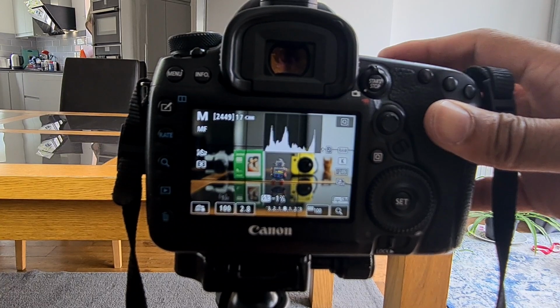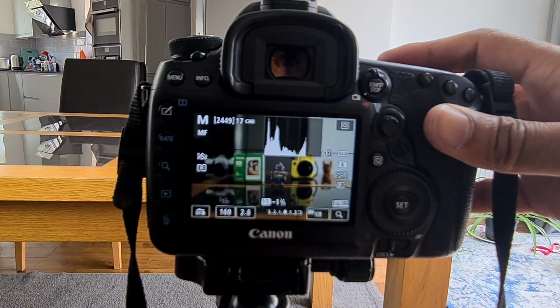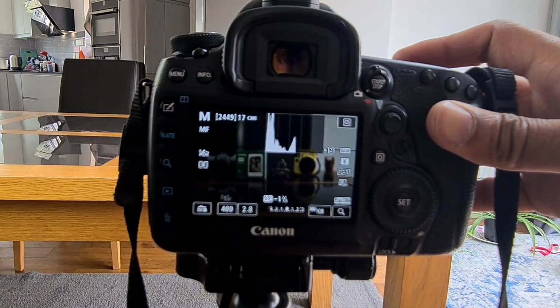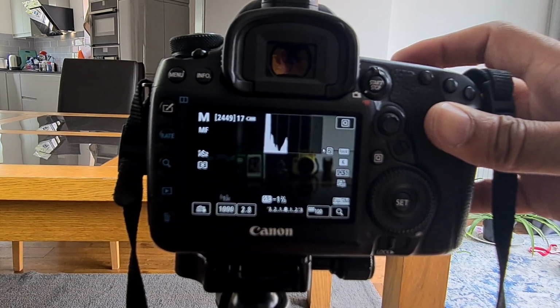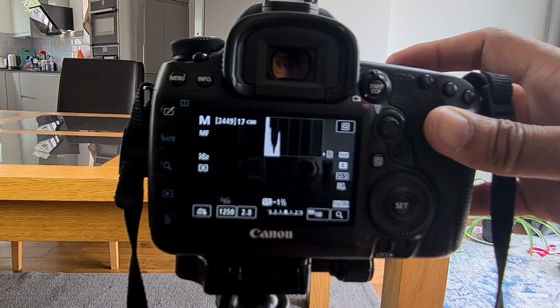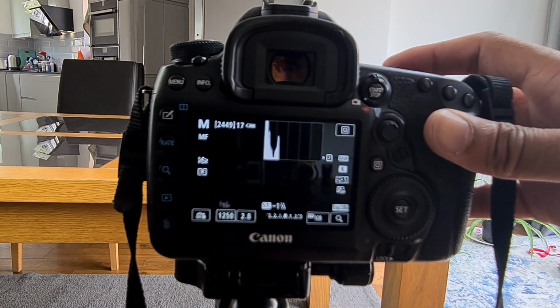So here you can see that I'm increasing my shutter speed, meaning that less light is hitting the camera sensor. And you can clearly see that the data on the histogram is moving all the way to the left. This is telling us that the image will be on the darker side.